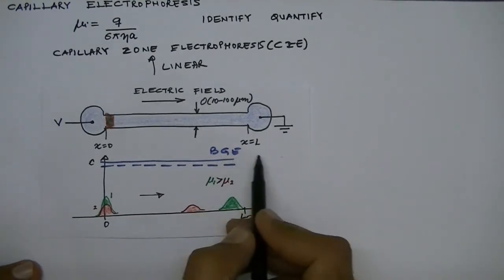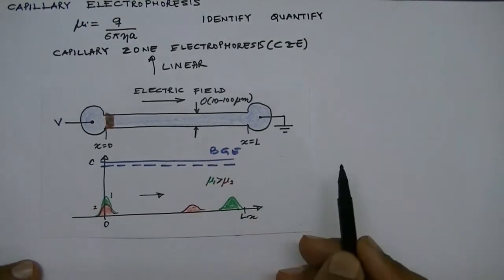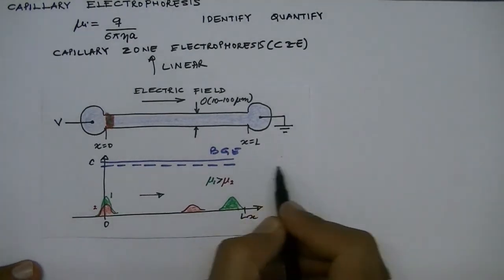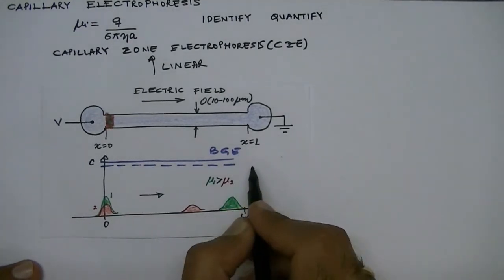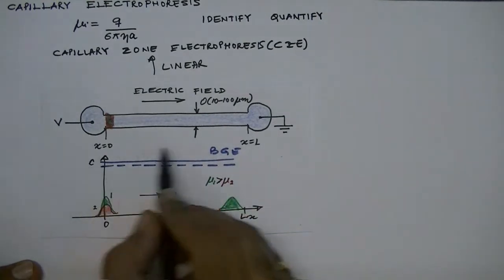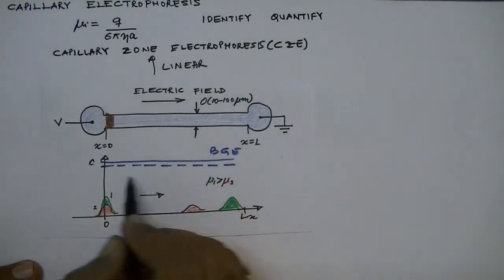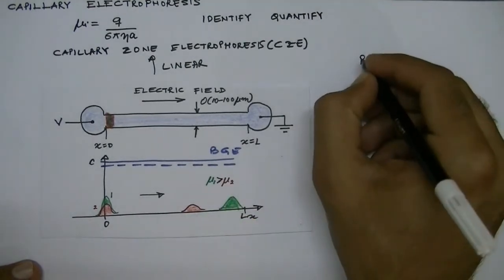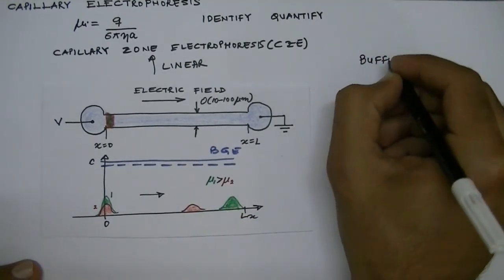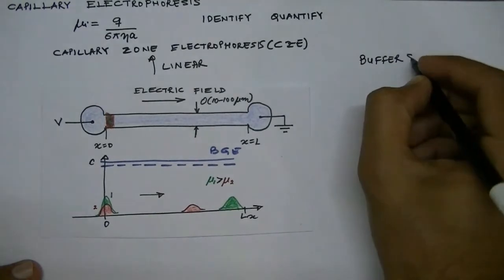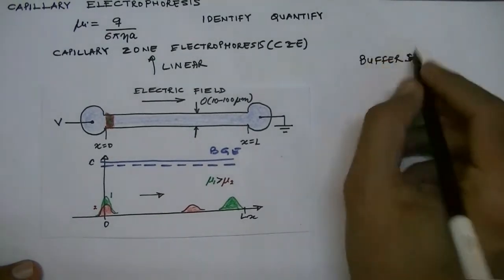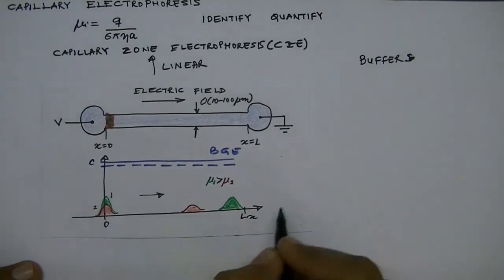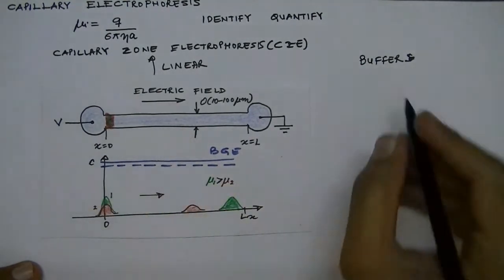A background electrolyte is a mixture of an acid and base, that is, a mixture of positive and negatively charged species, and usually we choose a background electrolyte which is a buffer, which tries to keep the pH fixed. So motion of these ions does not alter the pH of the system.